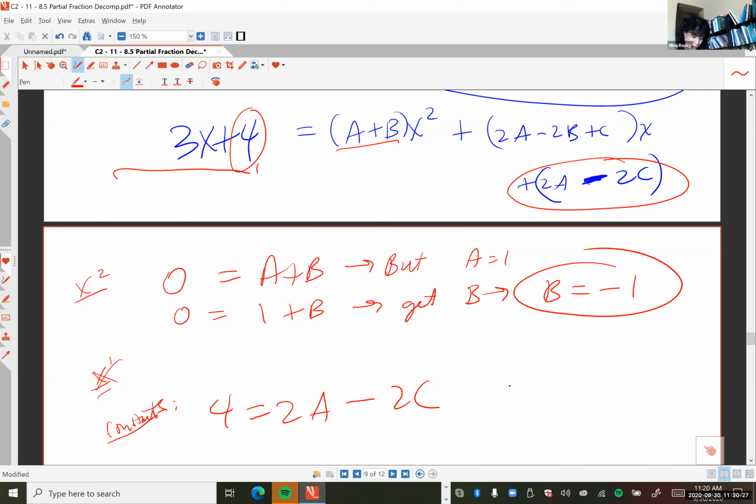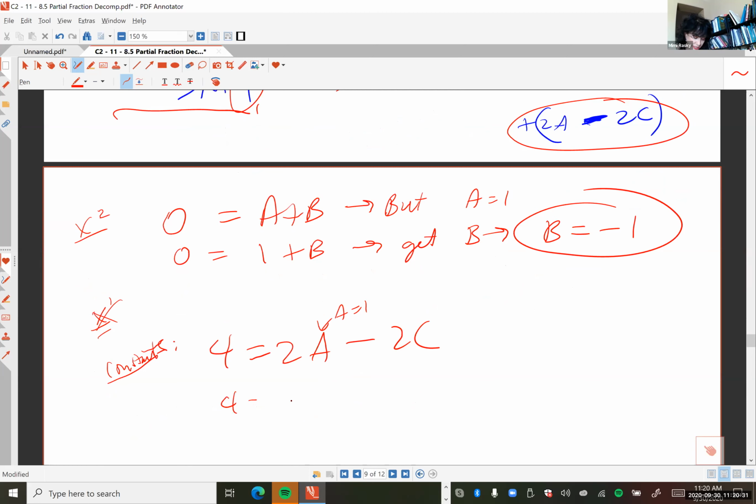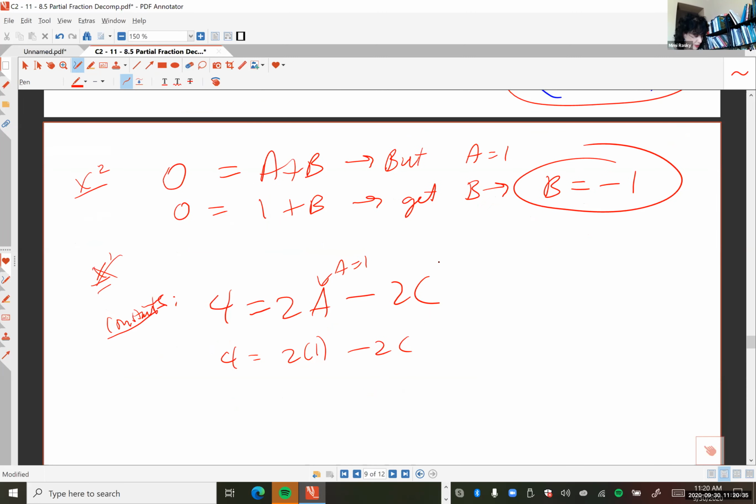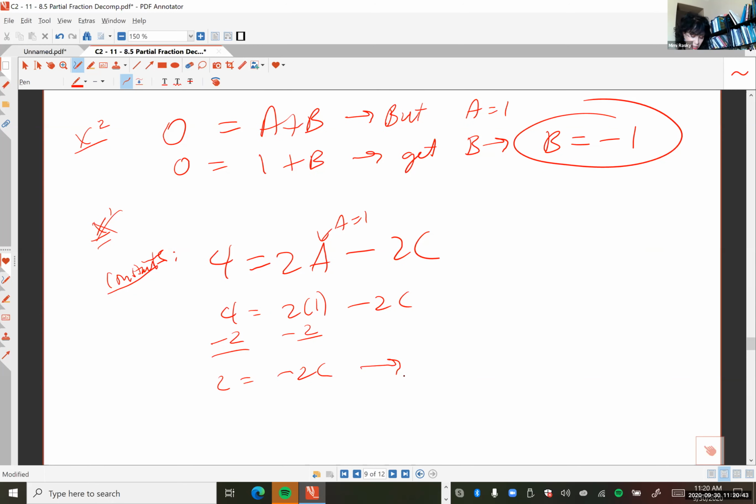But good news, a is equal to 1. So 4 is equal to 2 times 1 minus 2c, and now you can go get your c pretty easily. If I subtract 2 from both sides, 2 is equal to negative 2c, and I divide both sides by negative 2, and I have my c.